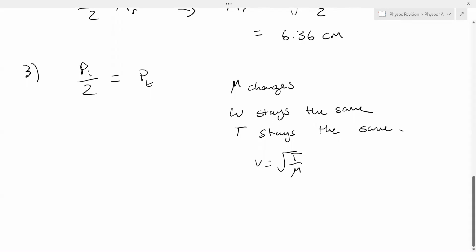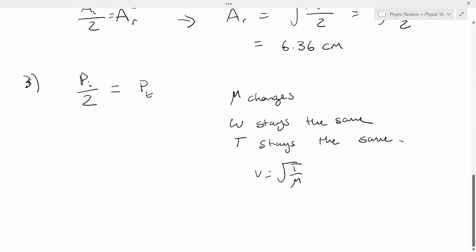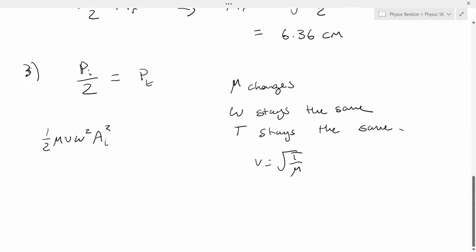So let's break down these terms here. Our power is half mu V omega squared A squared, let's put this as incident. Omega, the curly w for frequency, stays the same, so we won't put a subscript there, but we will for the other ones.